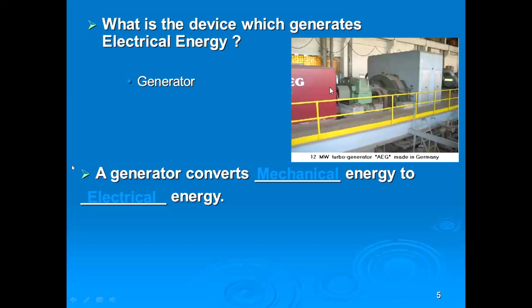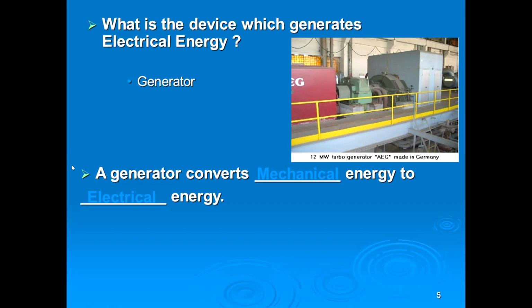So for that, if I want to rotate it, what resources am I using? Water, coal, and air. What I'm doing here is converting water into steam.